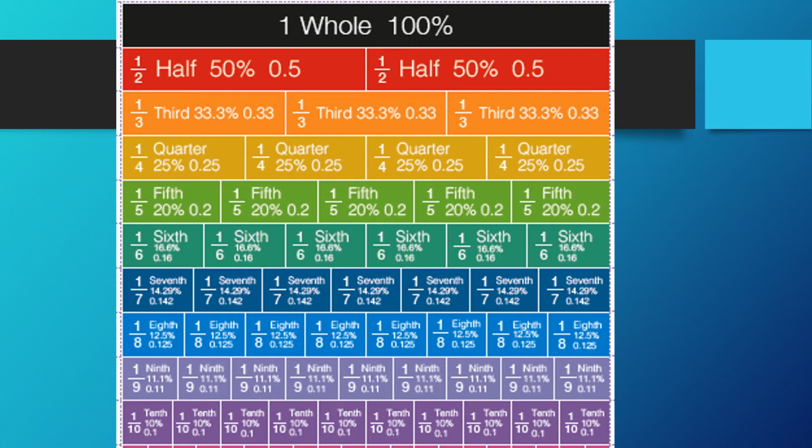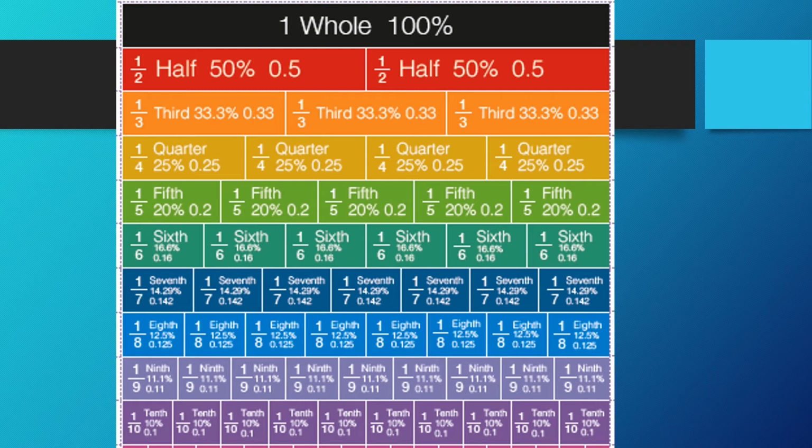Okay, use it, but let's have a look at this bottom row here, the tenths. So we've got 1 tenth equals 0.1, so 2 tenths would equal 0.2, 3 tenths would equal 0.3, and so on, all the way up to 9 tenths equals 0.9, and 10 tenths, which will be back to being a whole. Okay, which would be 10 out of 10. Right, you might need that screen, so come back to it, pause the screen if you need to, and have a look.